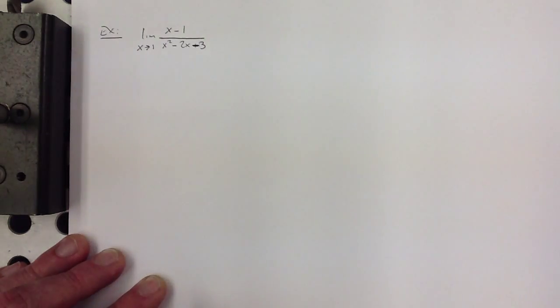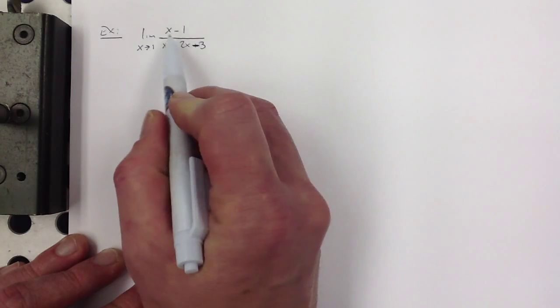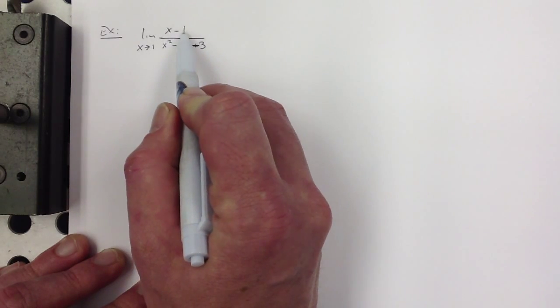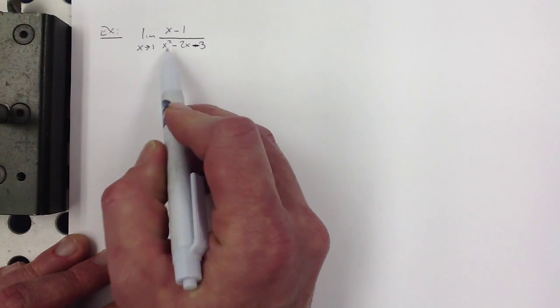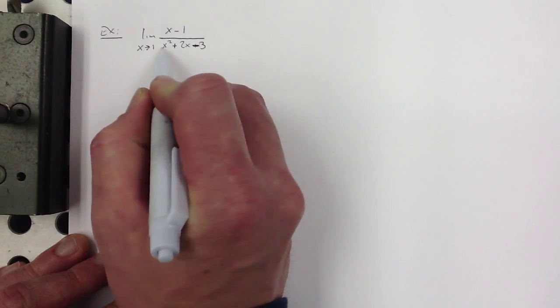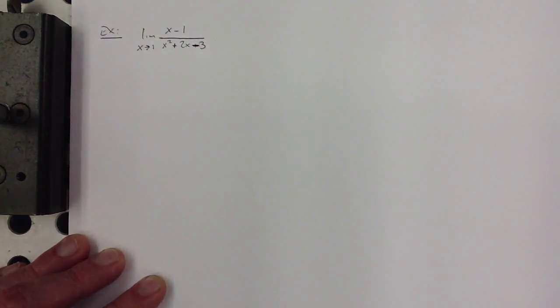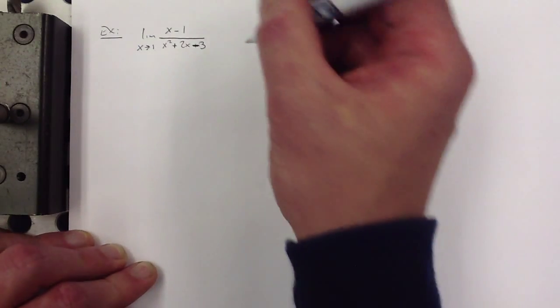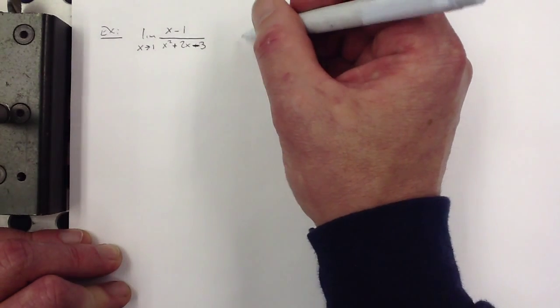So let's see. We try plugging in the 1. We get 1 minus 1. That's 0. And then we plug the 1 in down here, and we get 1 plus 2 minus 3. That's going to give me a 0 on the bottom. So that's 0 over 0. That means we can't just plug in the 1 and get the answer. So what do we do? We factor.